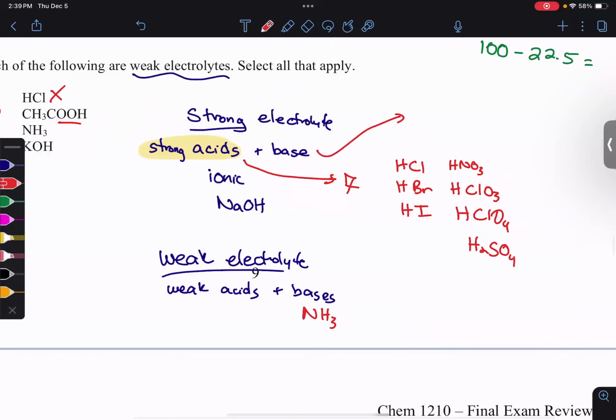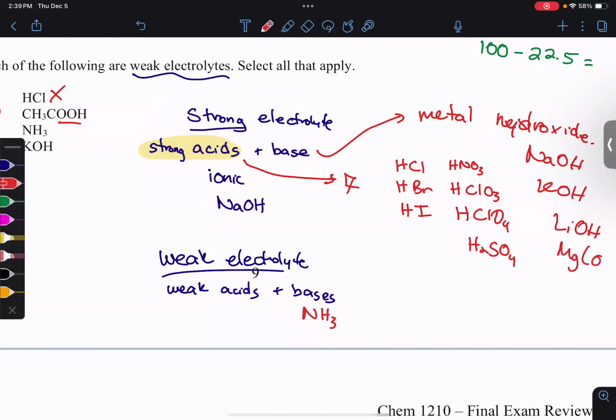So I'll point out strong bases, these are going to be metal hydroxides. So sodium hydroxide, potassium hydroxide, lithium hydroxide, magnesium hydroxide, all of those are strong bases.